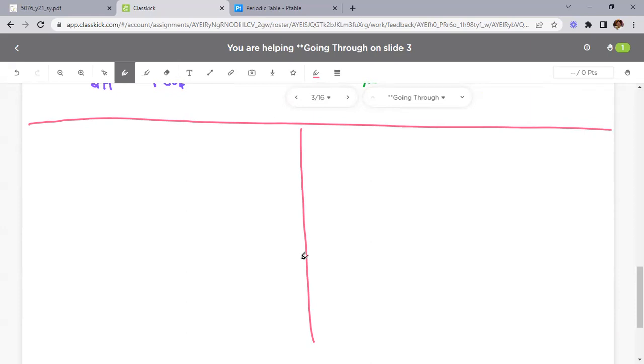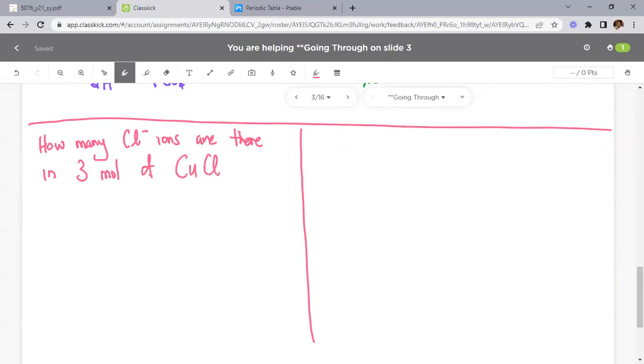The first one: how many Cl minus ions are there in 3 mole of CuCl2?